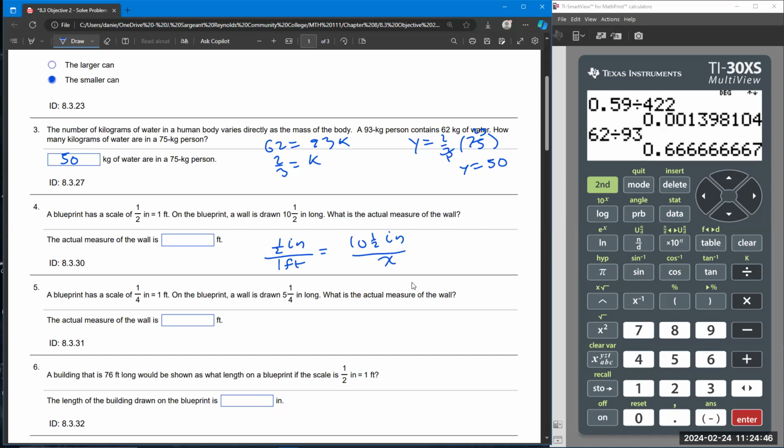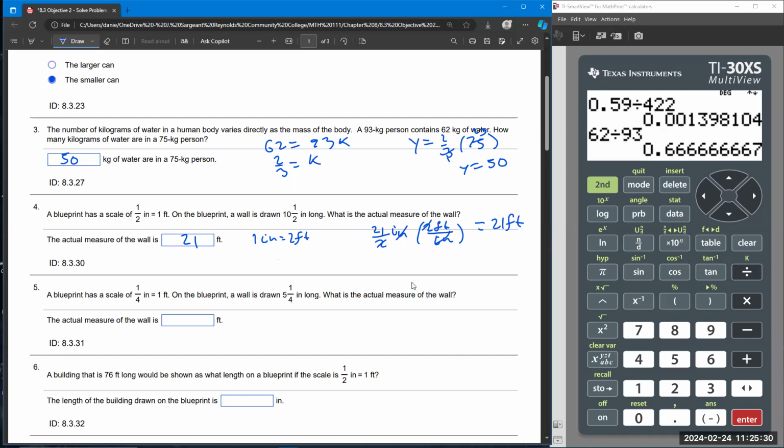We can set it up the last way that we did before, but we can also solve it this way and say if 1/2 inch is equal to a foot, then 1 inch is equal to 2 feet, and then we have 21 over 2 inches times 2 feet per inch, like that, a conversion factor, and the 2's will cancel, and we end up with 21 feet. So that's our y equals kx conversion factor situation there.